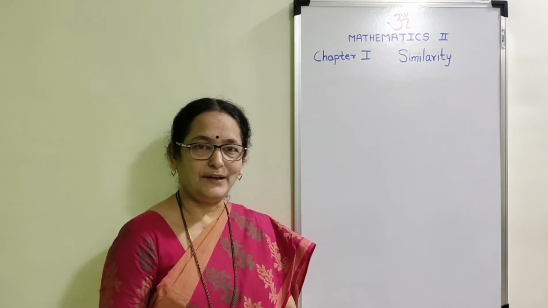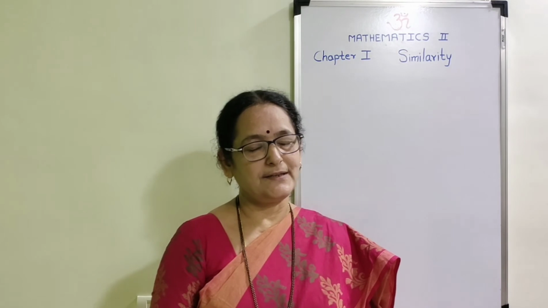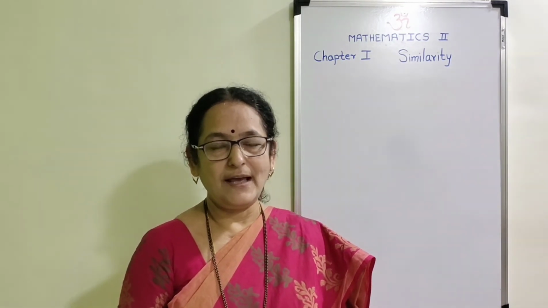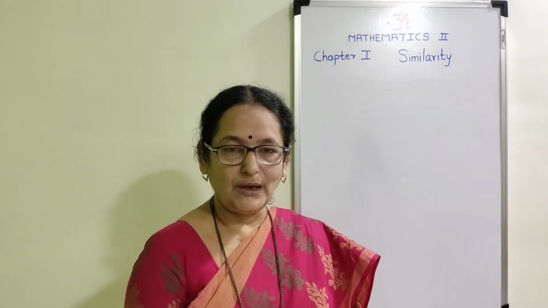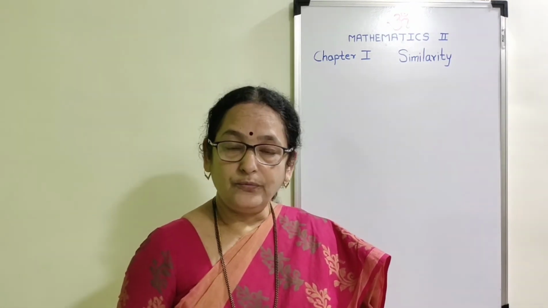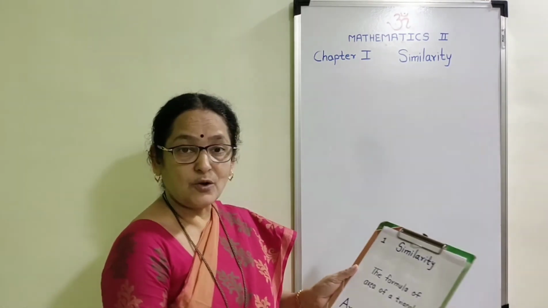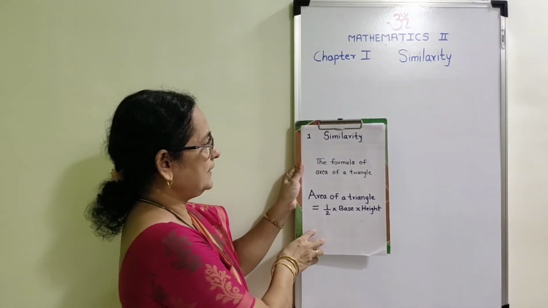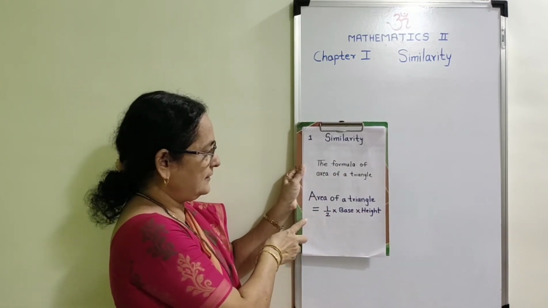Students, today we have completed the first three properties given in the first chapter, as well as the activities based on this. Now, which things are you going to write in your notebook? Please observe here. First thing, write down the formula of area of a triangle.